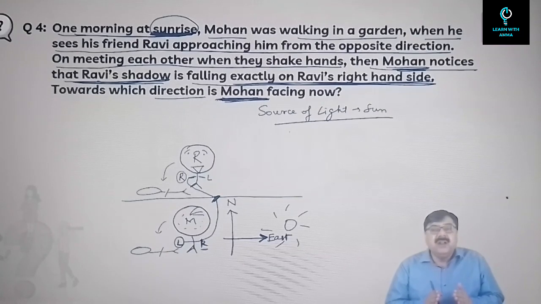Case 3, on an evening during sunset, let us say you're taking a walk and sun is on your left side, that is in the west. It means that you are heading towards the north. Case 4, during an evening at sunset, you're taking a walk and sun is on your right side. That means west is on your right side, then you're facing towards the south direction.